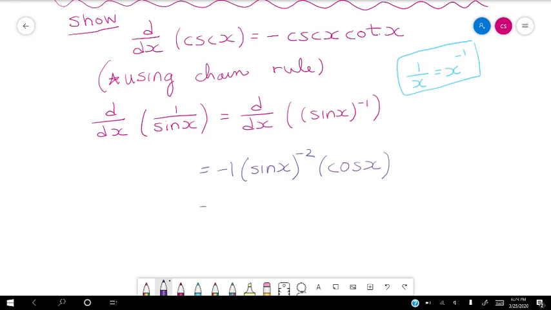Okay. So what do we have? We have the negative 1, so it's going to make this whole thing negative. Sine x to the negative 2. Negative is going to send sine of x downstairs to become sine squared x. And then cosine x is going to stay on top. Okay, and then let's see where we want to go. We want to go here.